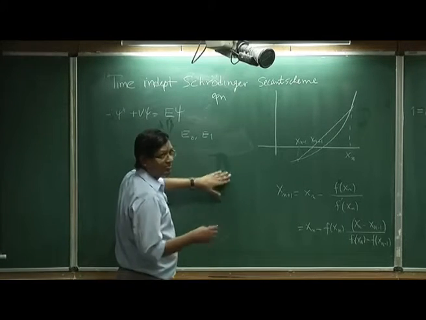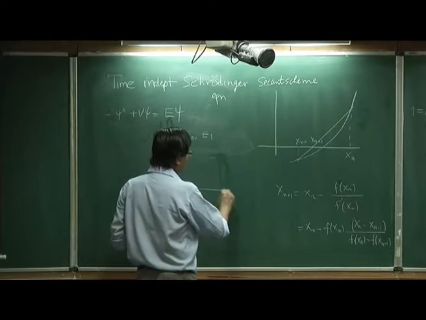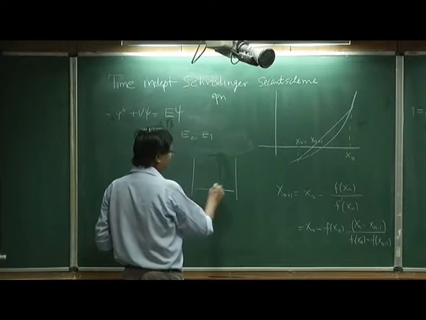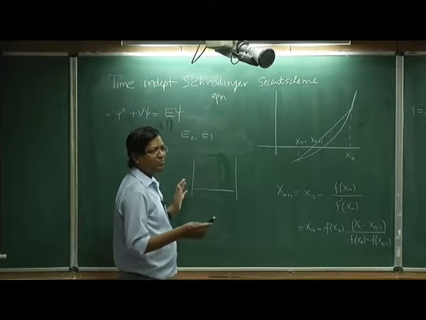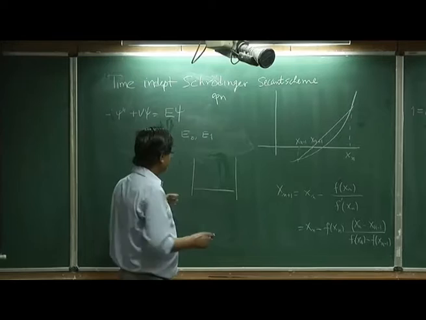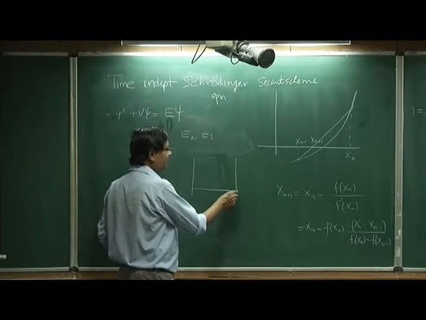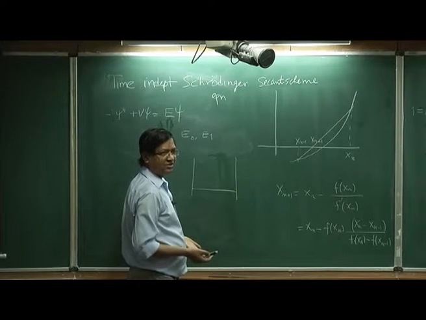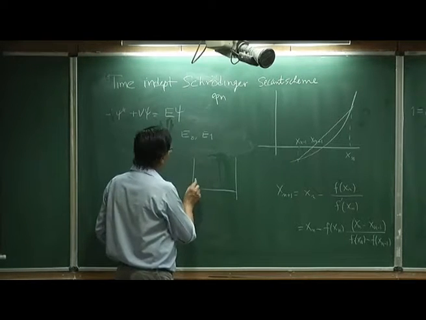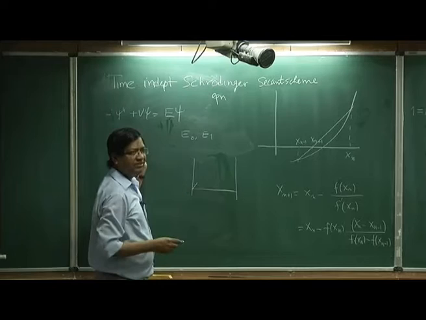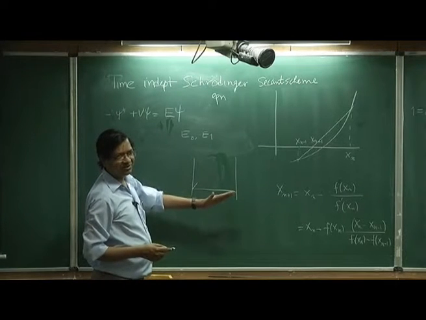If it is a bounded problem, I have the value of the function at the two ends. Let us assume a particle in an infinite well. I start with this value, my only condition is that here the wave function must be 0. I start with whatever v it may be, v is evolving the wave function.